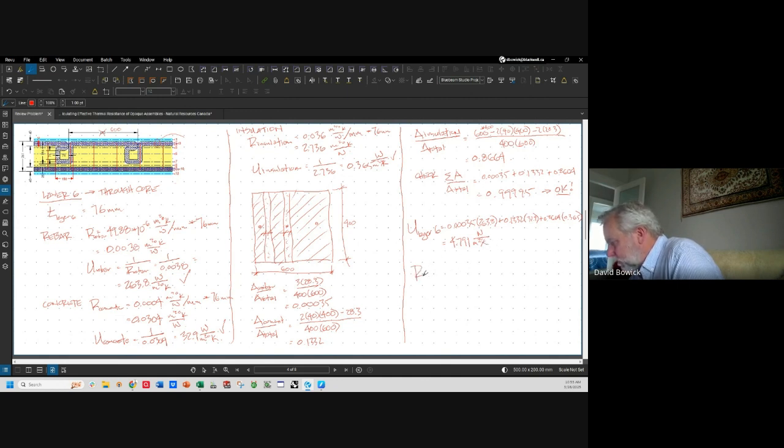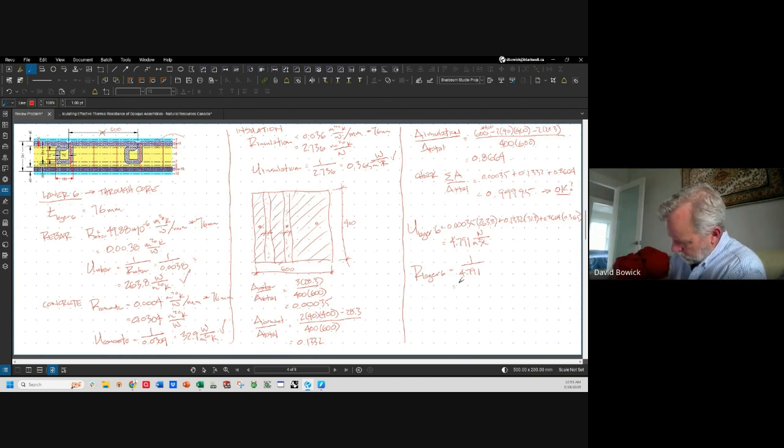And therefore, R value of layer 6 is 1 over 4.791, which is 0.209.